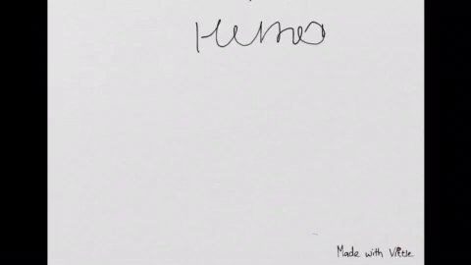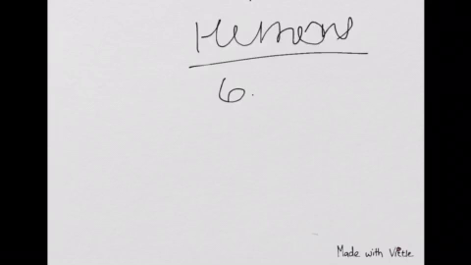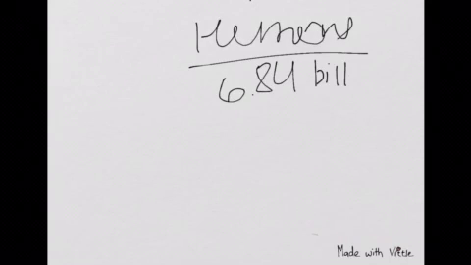And what about the human population? We haven't done that yet. Well, it's about to be done right now. The human population has already been stated to be 6.84 billion humans. That's a whole lot of humans. So, turn that into scientific notation form.